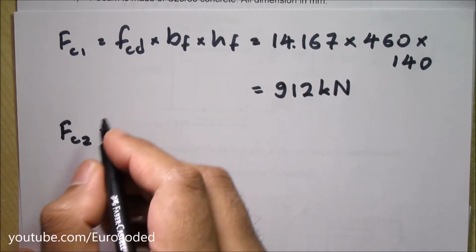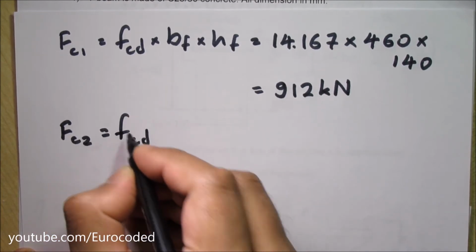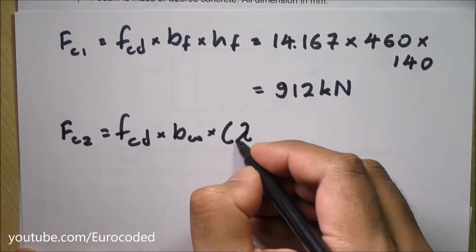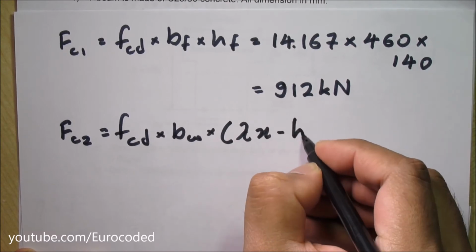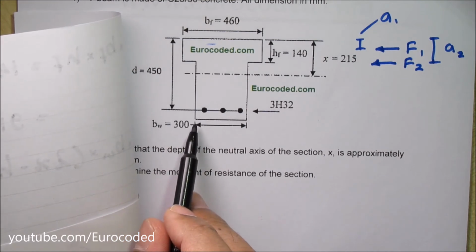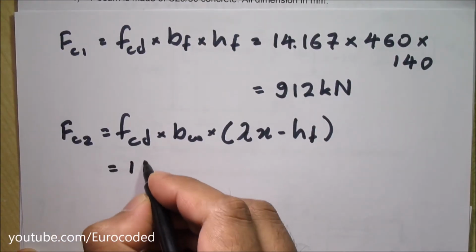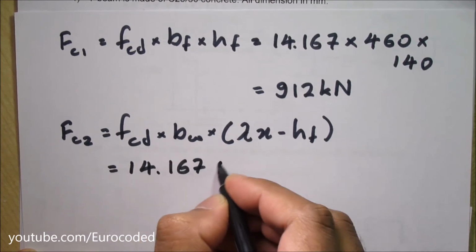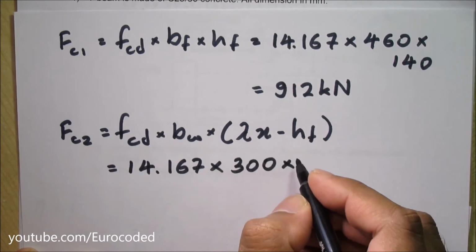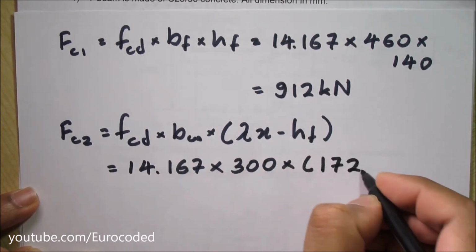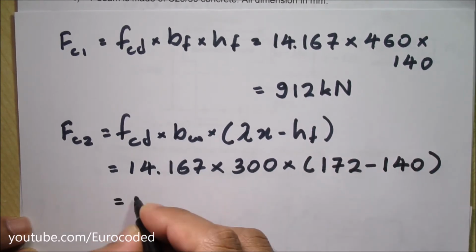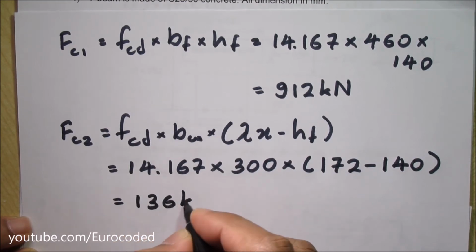Fc2 is equal to FCD times bw times (lambda x minus hf). bw is the width of the web. This is equal to 14.167 times 300 times (172 minus 140). This is equal to 136 kilonewton.